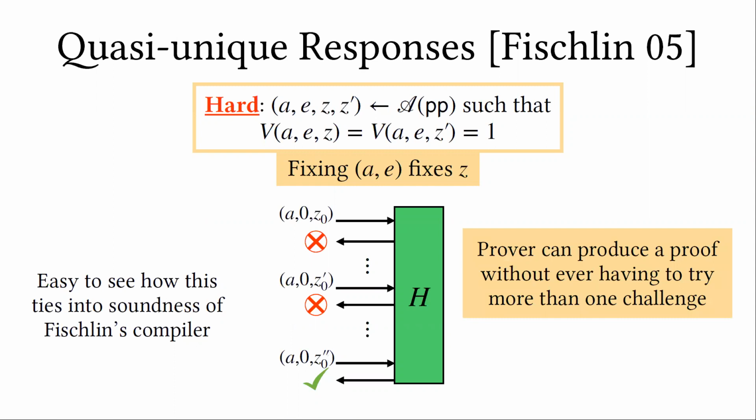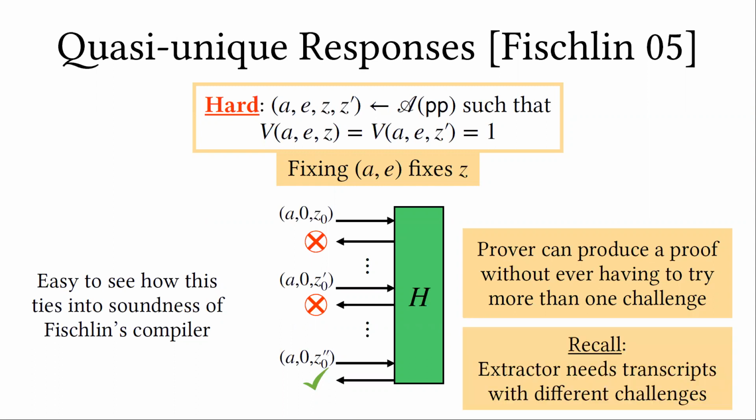Specifically, a prover who's able to violate this property can fix the commitment, fix the challenge, and just keep brute forcing on the third component, the response, until it finds one that accepts with the random oracle. And recall that in the extractor for a Sigma protocol, we need the challenge to change. That is, we need the same commitment and different challenges. But in this case, we have a prover who's keeping the challenge fixed.